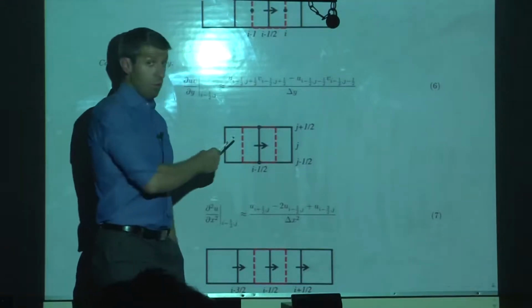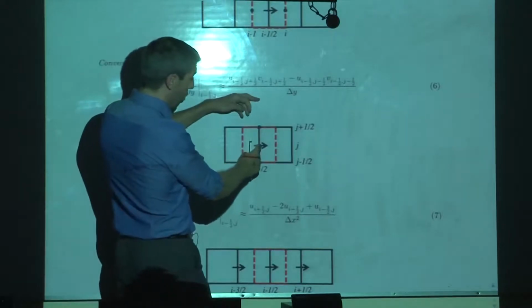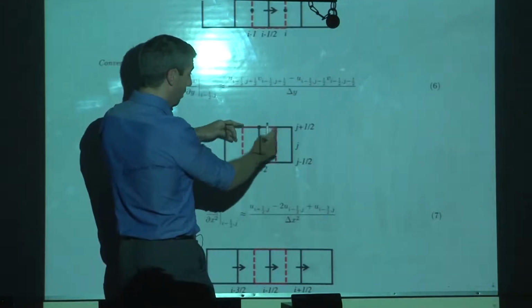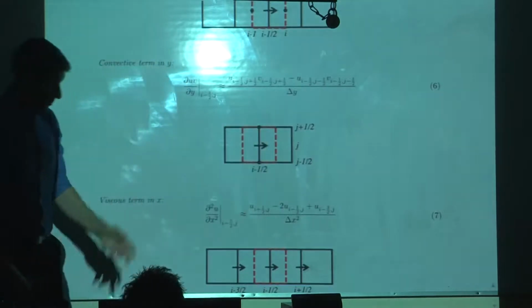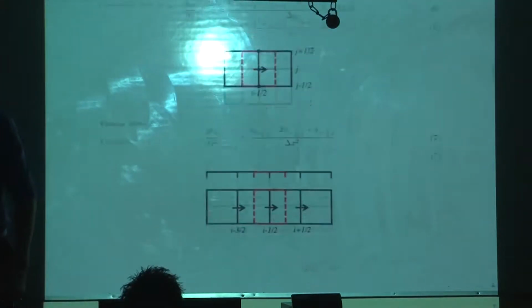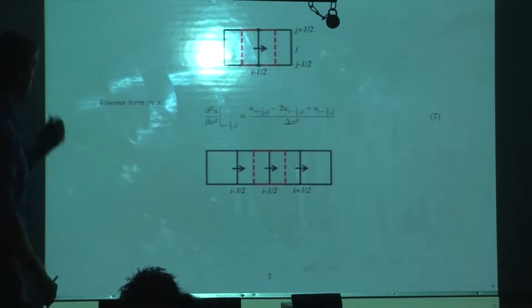In order to get those values, we'll simply interpolate. I'll interpolate between those two u's to get u here, and I'll interpolate between those two v's to get the v here. That's it.